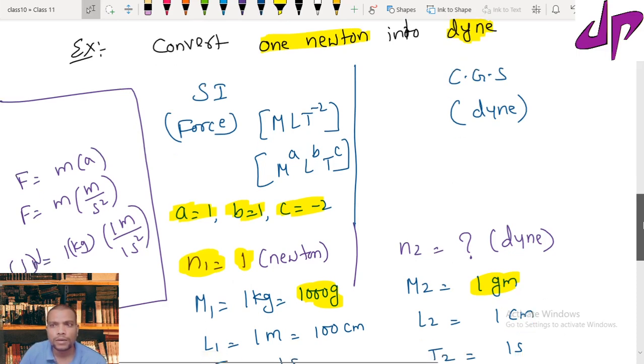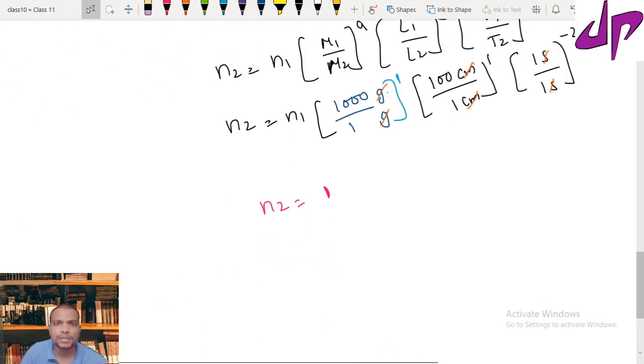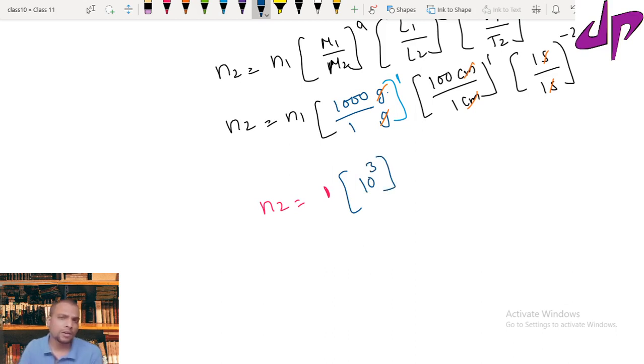Now if you can do further simplification, in this case N1 times 1000, you can write that as 10 power 3, and 10 power 3 whole power 1 also gives 10 power 3. And here 100 you can write as 10 power 2, and this you can write as 1 power minus 2.